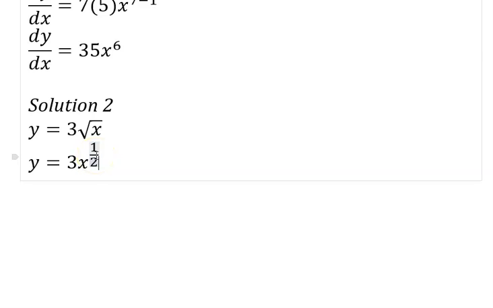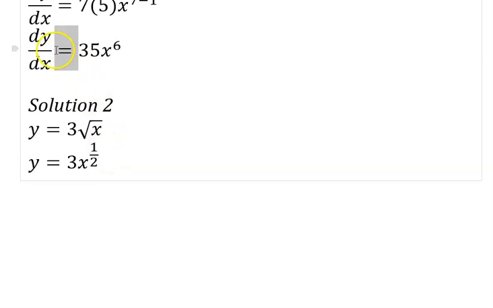It is still the same. So just to make our differentiation easier, that's why we are converting from this to this. You can stay glued to this channel to brush up on your indices. This is one of the rules in indices, so it's very easy. So now we can differentiate this by bringing this power back here, then subtracting 1 from it as usual.